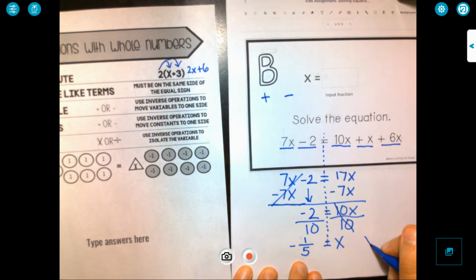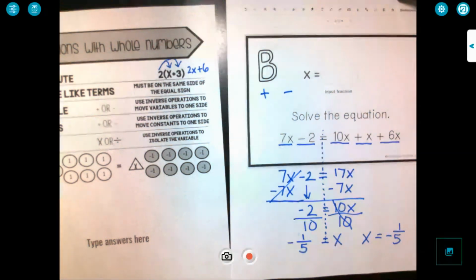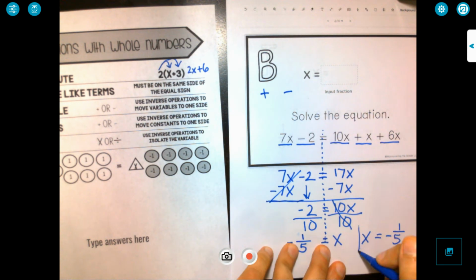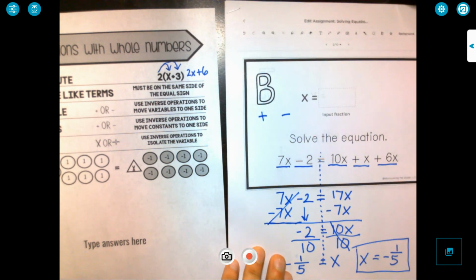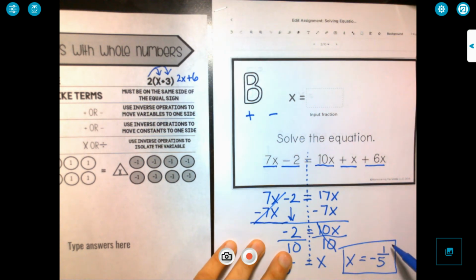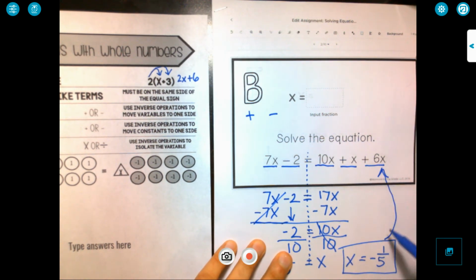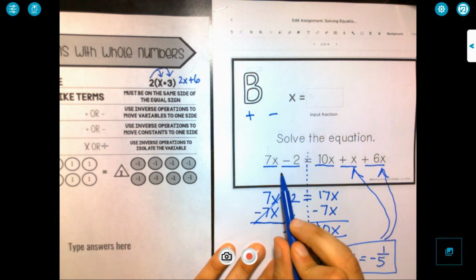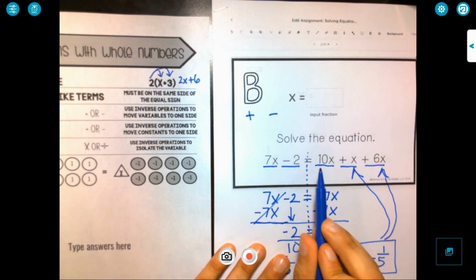So x is equal to negative 1 divided by 5. So that means if we were to plug in negative 1 divided by 5 into each one of these variables, this side would equal this side. We would get the same number equal to this side.